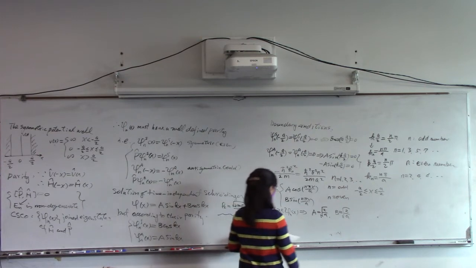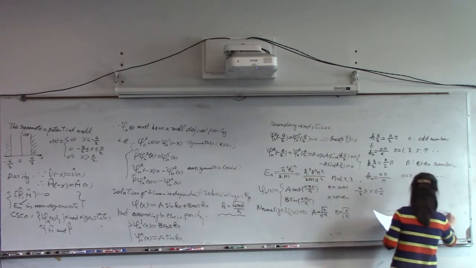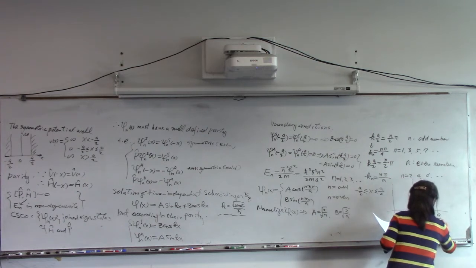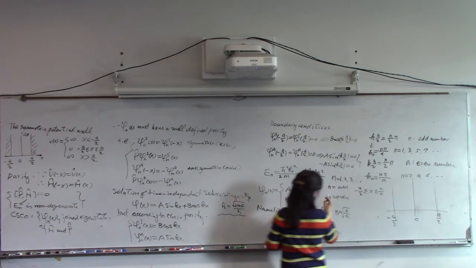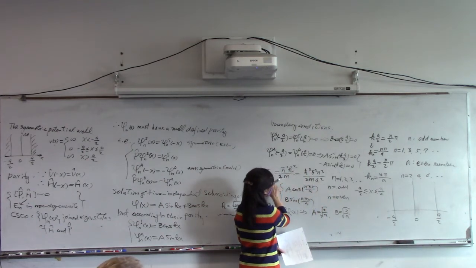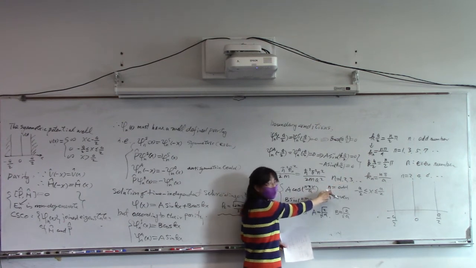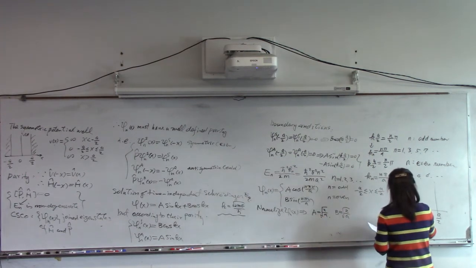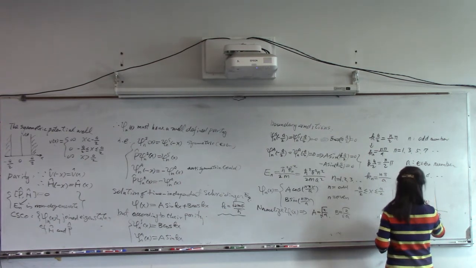Okay, so we got the wave function, and this wave function looks like this in the potential well from minus half a to half a. When n equal to 1 it is lowest, corresponding to E1 being lowest. So when n equal to 1, an odd number, the function is this one, the cosine, which is symmetric.